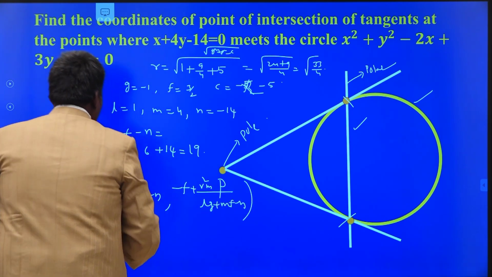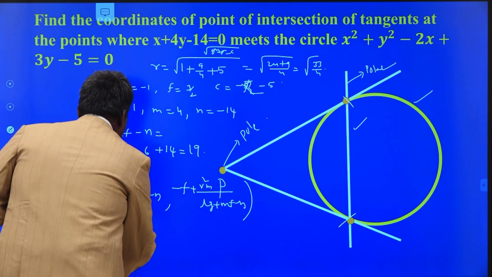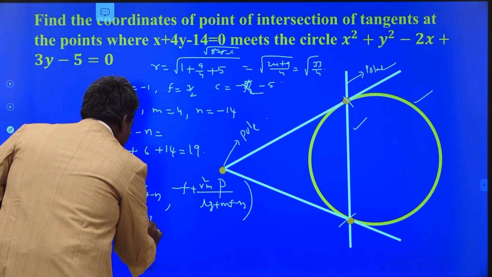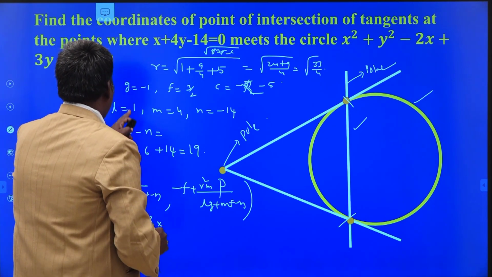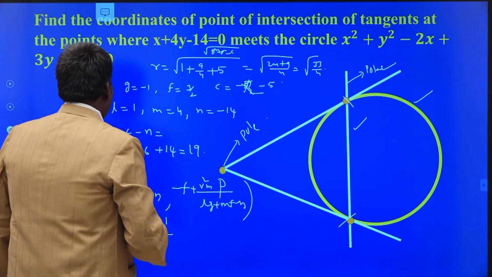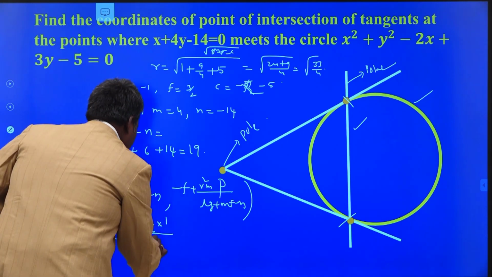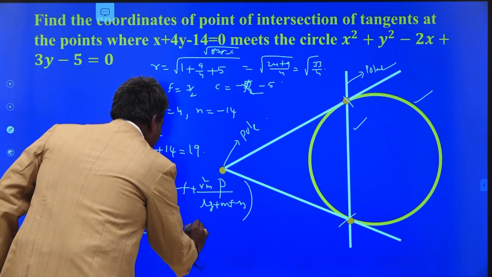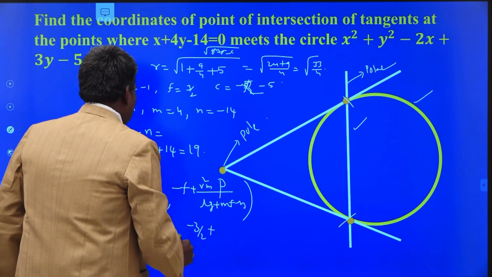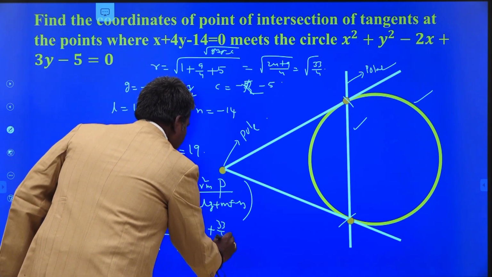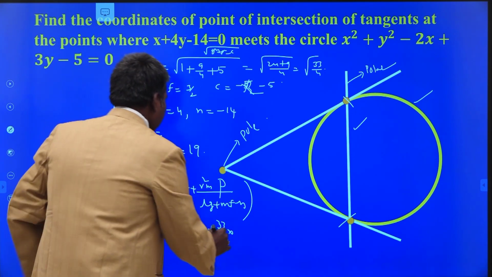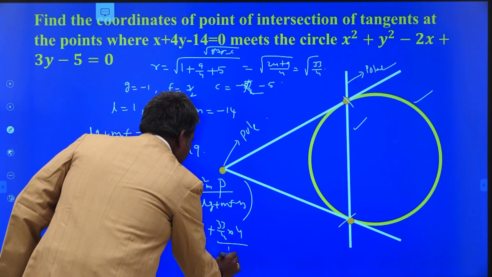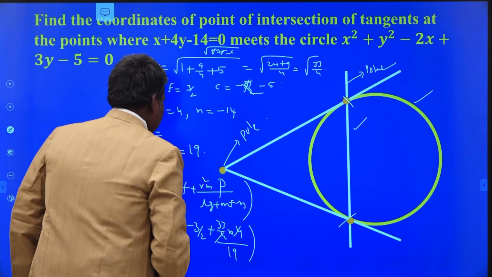That is equal to, what is your minus g? 1, plus what is your r²? 33 by 4. What is your l? 1, by lg + mf - n, that is 19, comma, minus f, that is minus 3 by 2, plus r² 33 by 4, m is 4, by 19. The 4 and 4 get cancelled.